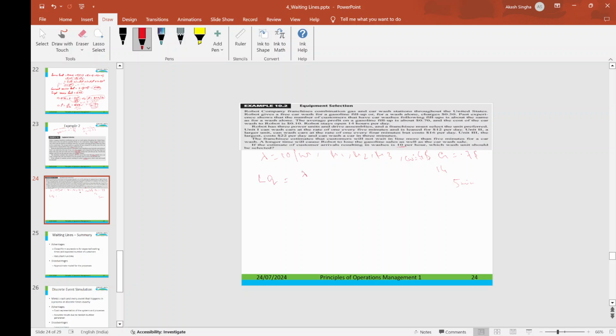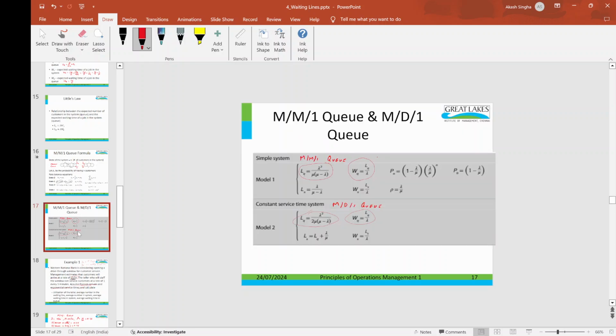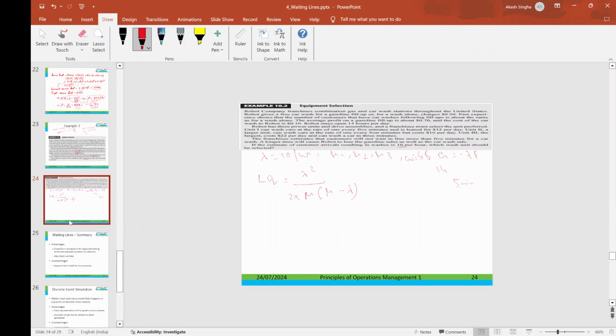LQ equals lambda square by 2 into (mu minus lambda). This was the formula, right? And WQ equals LQ by lambda. So if you calculate this for the first one, I'm showing just mu1, which gives LQ1.